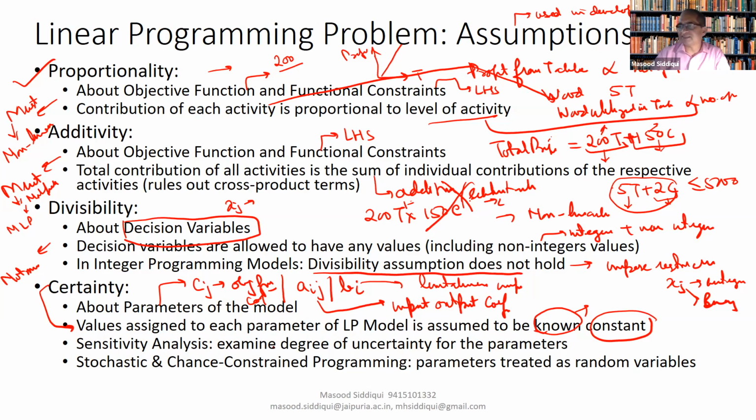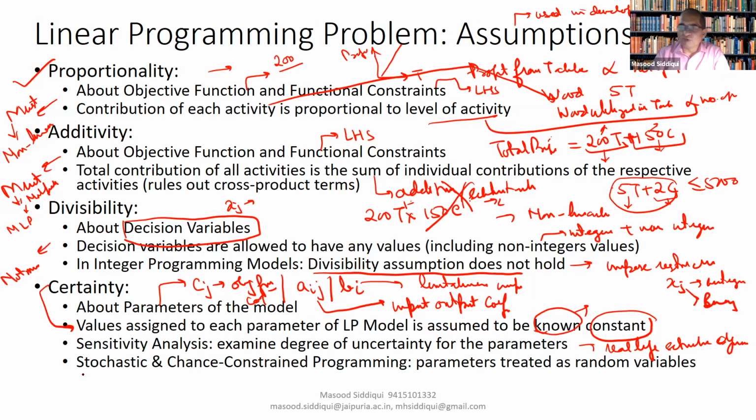Sensitivity analysis is used when we examine the degree of uncertainty of the parameters. Since real-life situations are dynamic in nature, we consider their impact on our solution also. In sensitivity analysis, we try different values of the objective function coefficients. But when we solve the model, then for a particular solve, they remain known as well as constant.